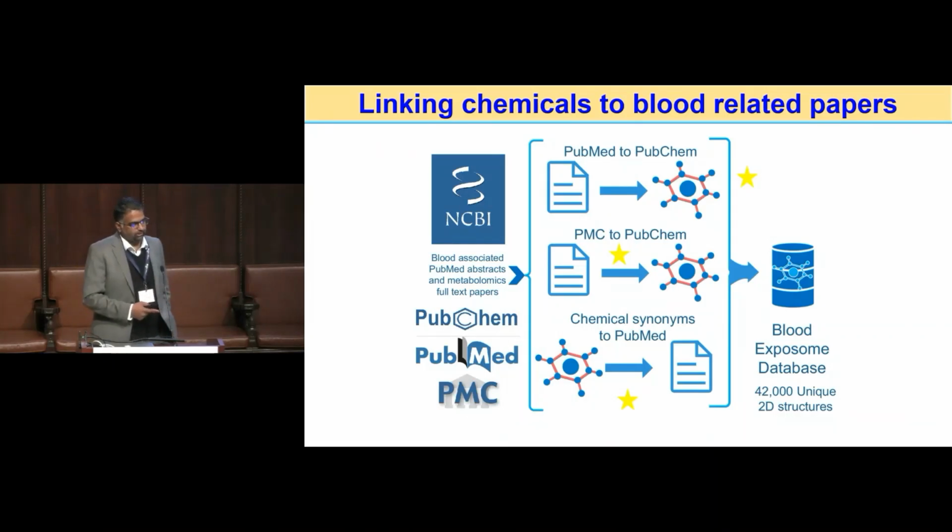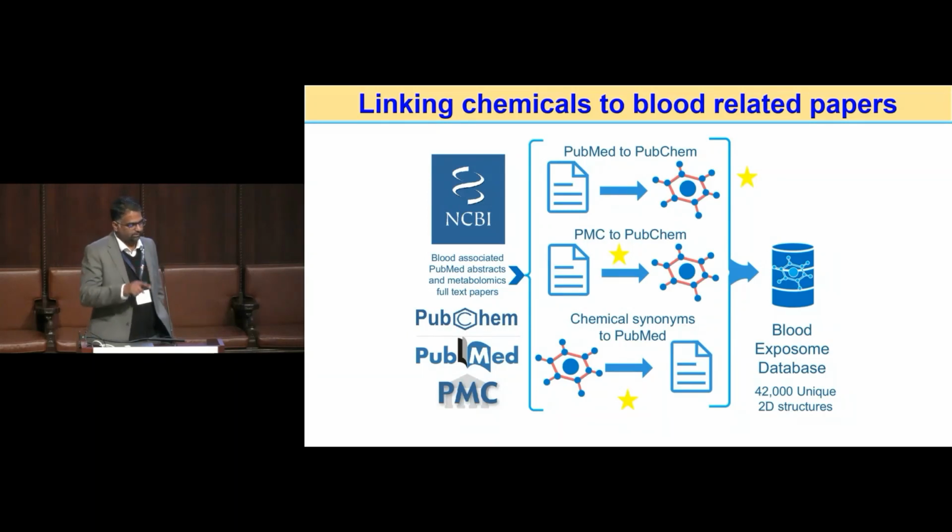So there are 3 processes here. The bottom one is chemical to synonyms, a simple text search. The middle one is the PubMed Central supplementary tables and their connection to PubChem. And the top one is where PubChem provides a consolidated list. Whoever submits data to PubChem will link it to PubMed.